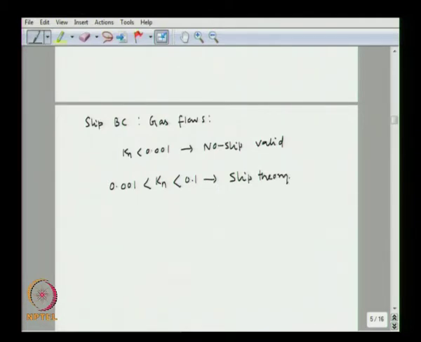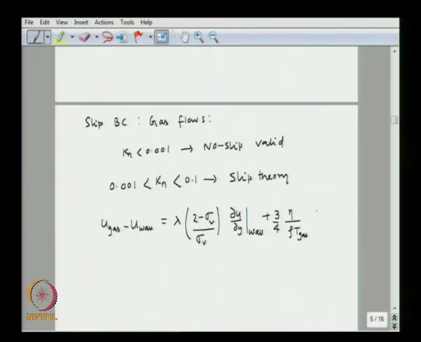And for gases we can write u gas minus u wall to be lambda into (2 minus sigma v) over sigma v into del u over del y at the wall plus 3 by 4 into eta over rho T gas into del T over del x at the wall.